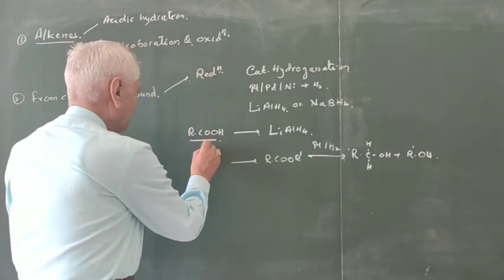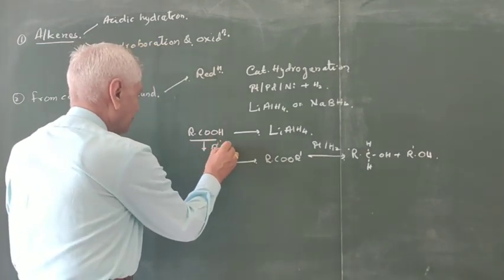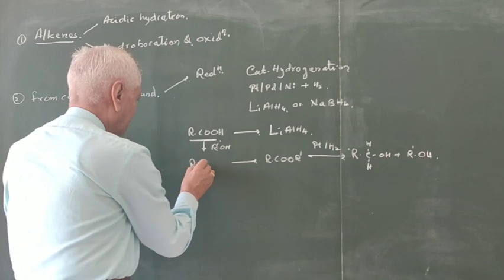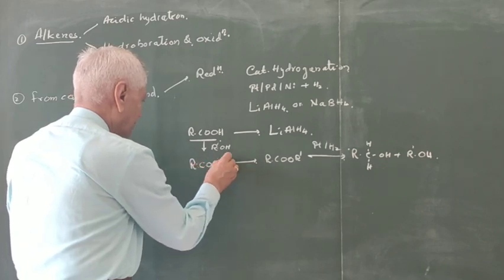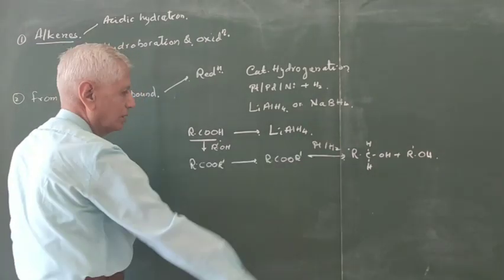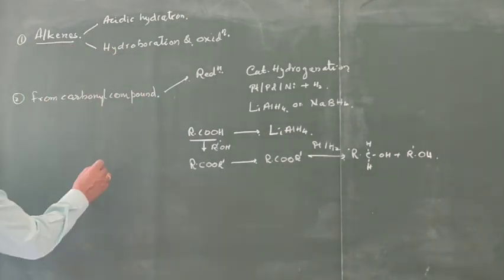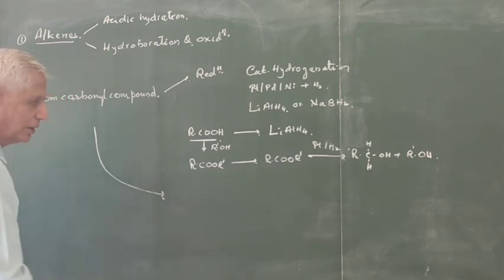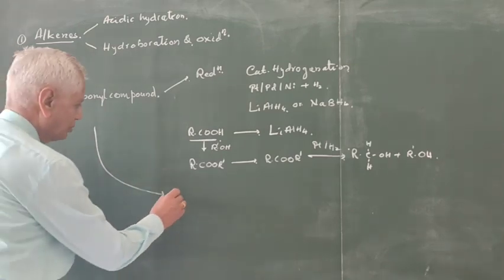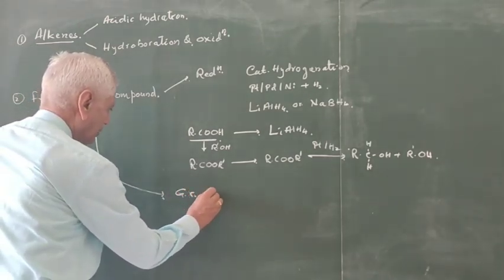So the acid is first treated with alcohol. You get ester RCOOR dash. This ester is subjected to catalytic hydrogenation. This is another method of study. Now, secondly, from carbonyl compounds by using Grignard's reagent. So Grignard reagent plus carbonyl compound.